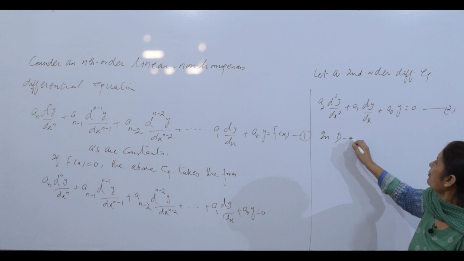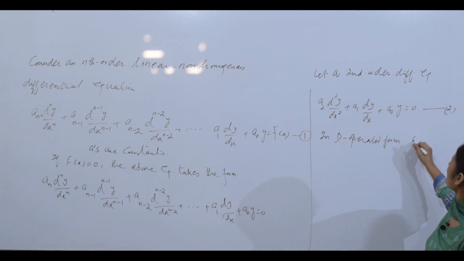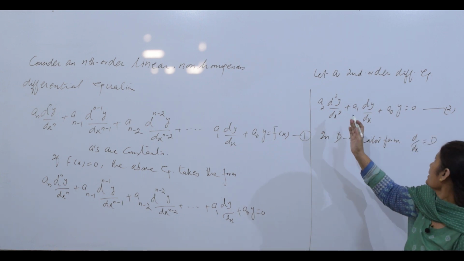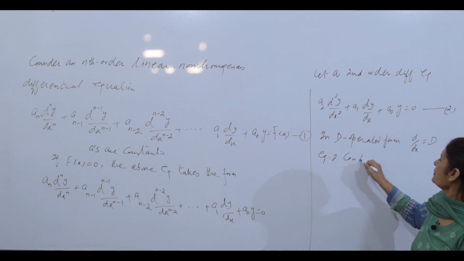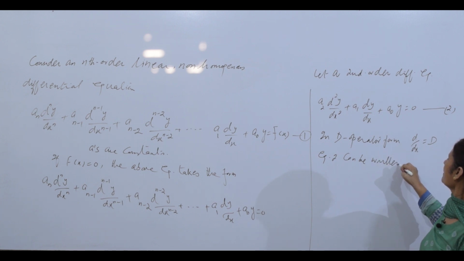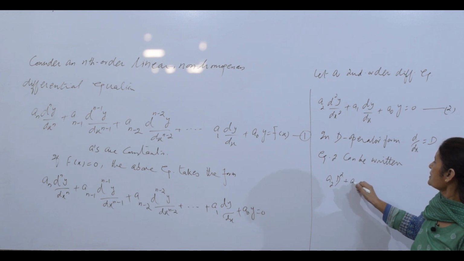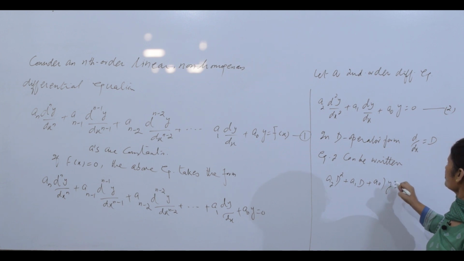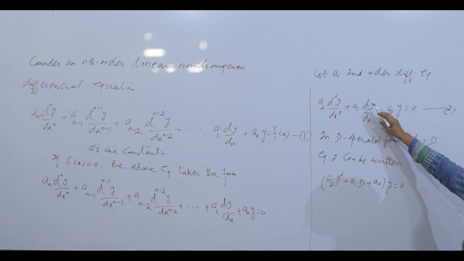In D operator form, d by dx is equal to capital D, a differential operator. Equation 2 can be written as (a_2 D^2 plus a_1 D plus a_0) y equal to 0. Look at that. Because this a_0 y is outside, this is d by dx, capital D operating on y.